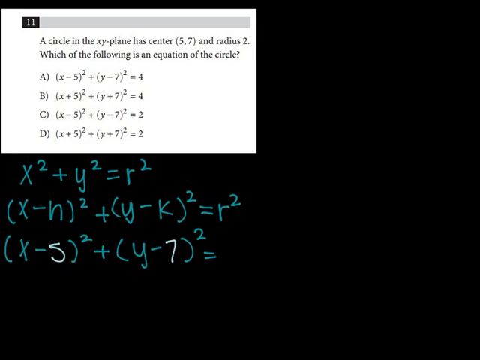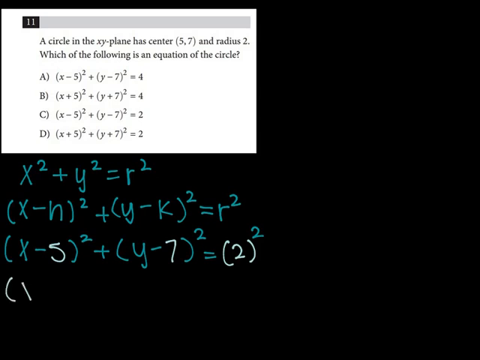And here we can just put our radius in place of r because we know that our radius is 2. So it would be equals radius squared, so 2 squared.